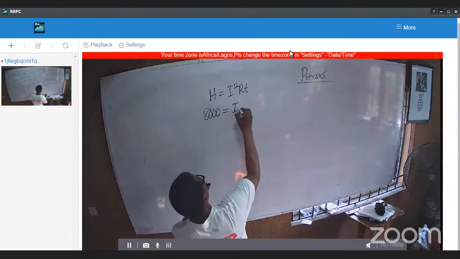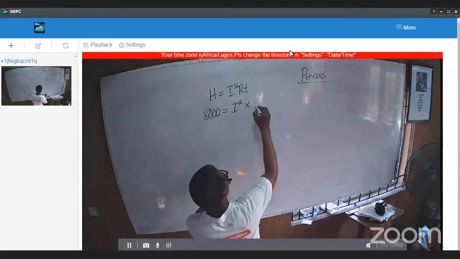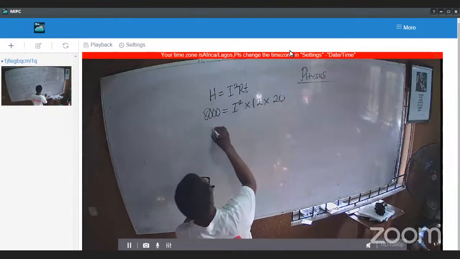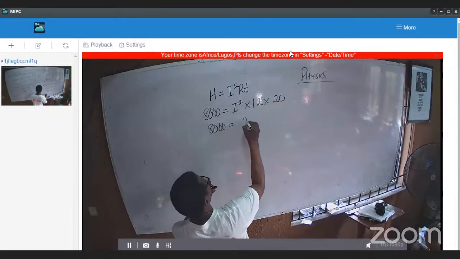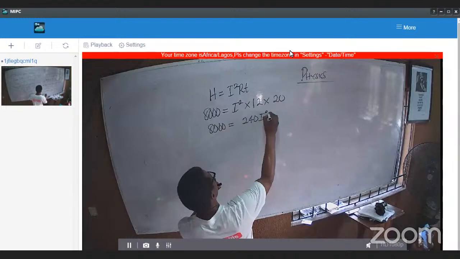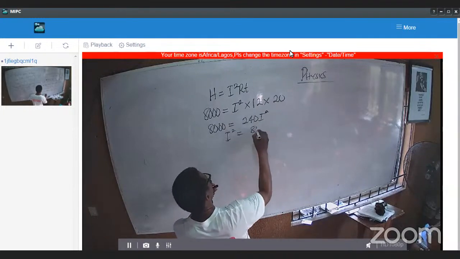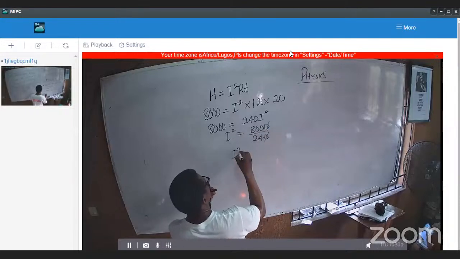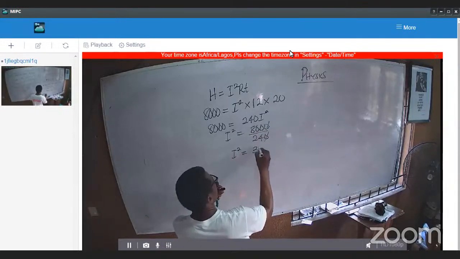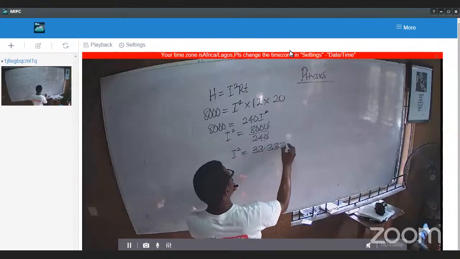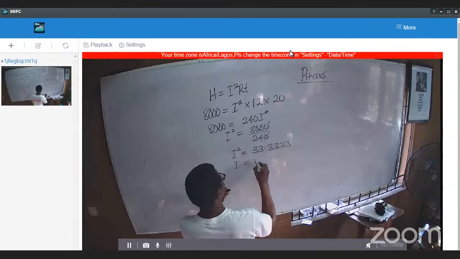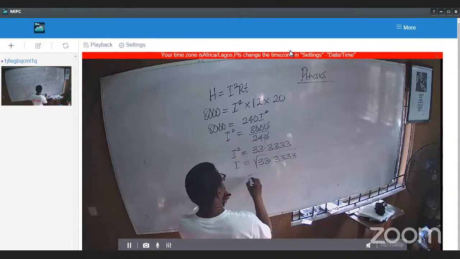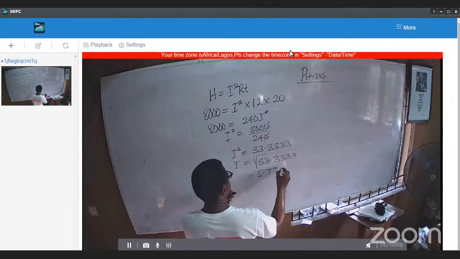We have I squared, resistance 12, time 20 seconds. So we have 8,000 equals 240 I squared. So I squared will now be 8,000 over 240. Calculator, what do you get? 33.3333. Our I will now be the square root of 33.3333. What do you get? 5.77 amperes.